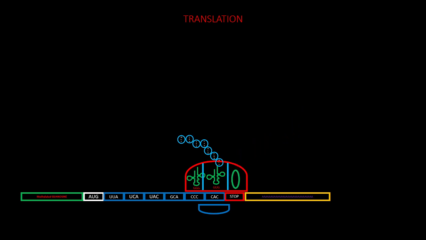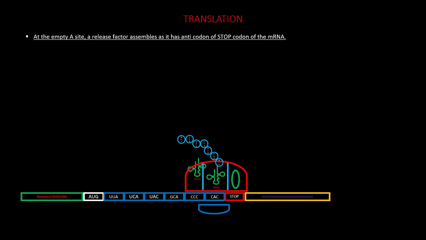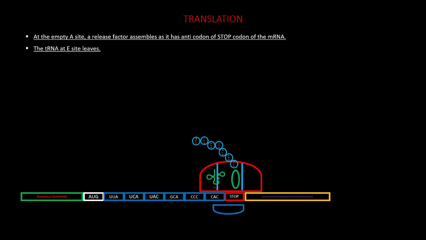The empty tRNA will eventually leave the E site, and the ribosomal unit will slide towards the right, so that the tRNA from the P site leaves the amino acid and becomes empty and slides over to the E site of the larger subunit of the ribosome.